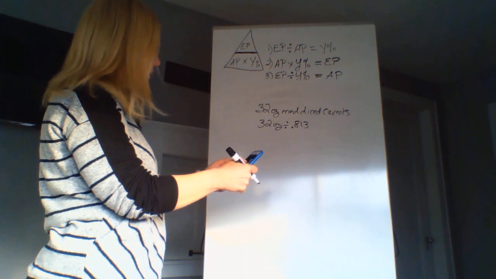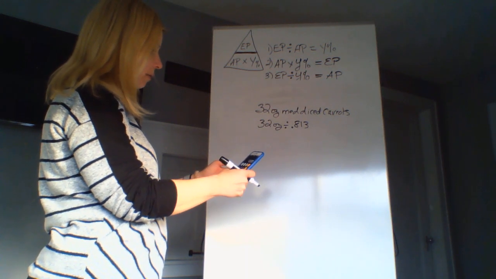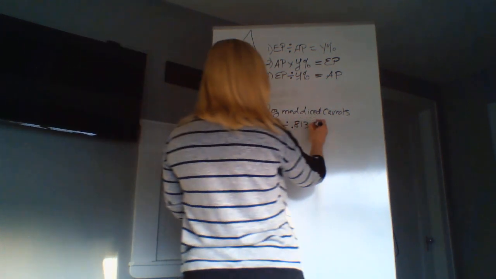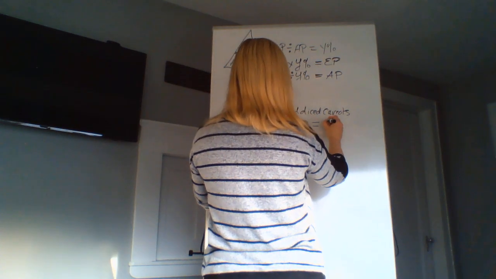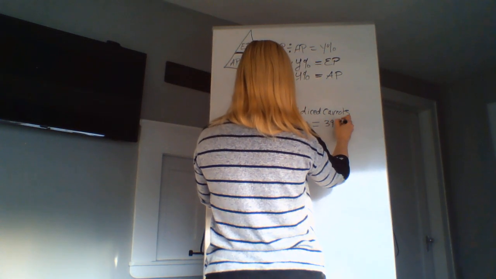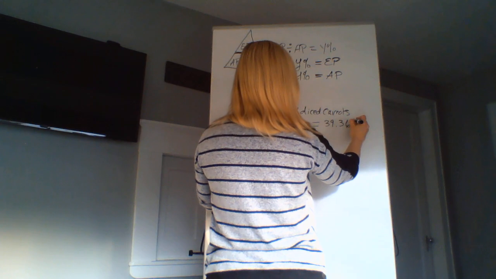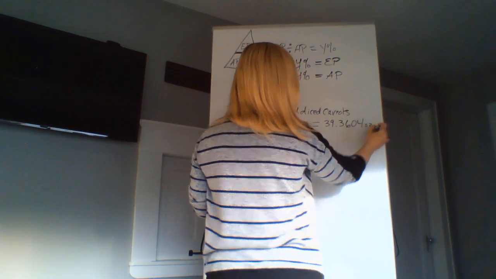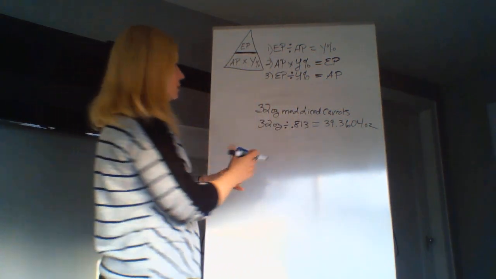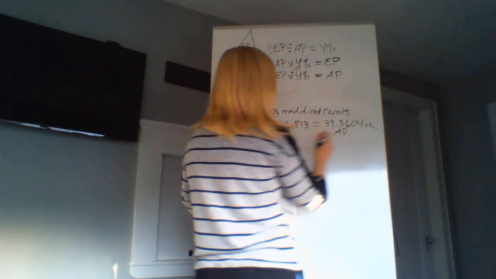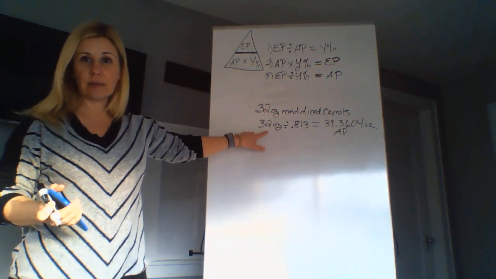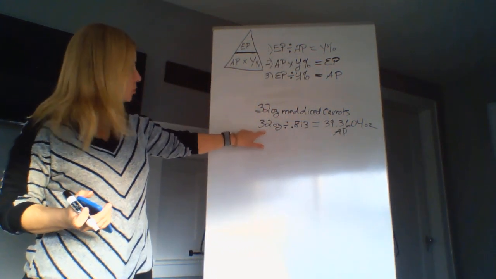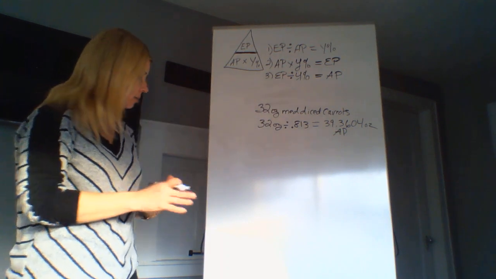So 32 divided by 0.813 equals, well, now we're going to need to buy 39.3604 ounces, okay, AP. So in order to end up with enough carrots to have 32 ounces or 2 pounds that we need to make our soup.